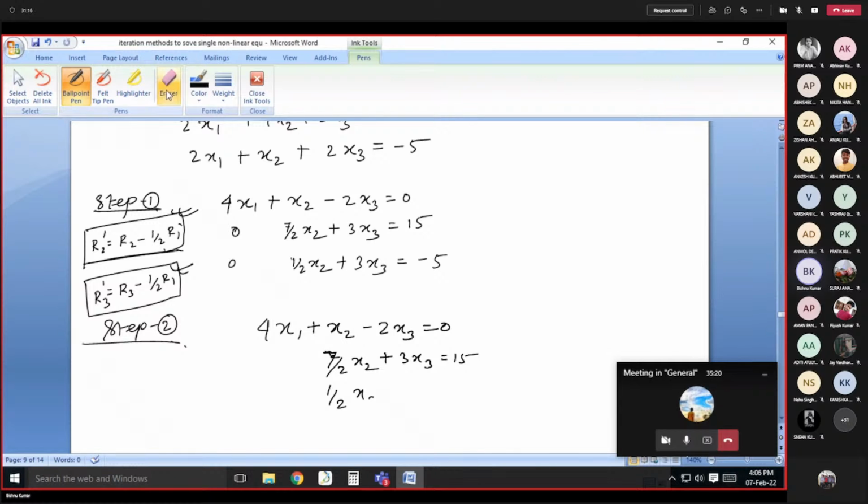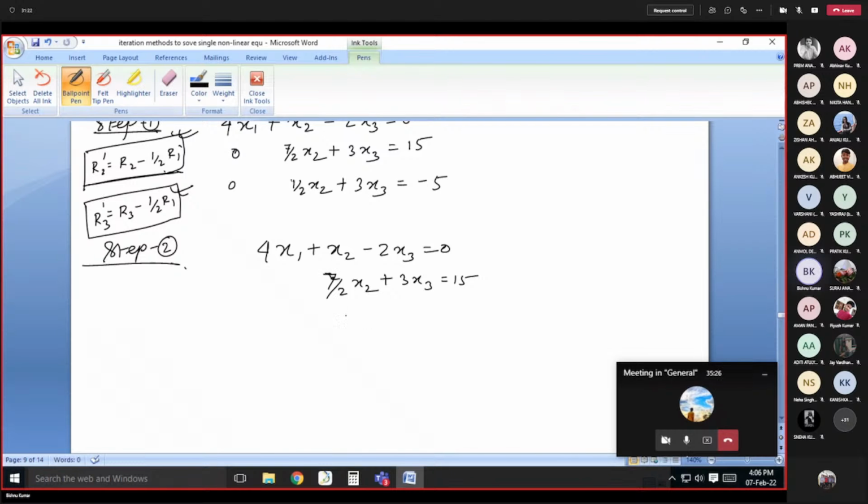Sorry, actually that I have to update, and I will make this position 0. How will it become 0? That operation you just tell me. With the help of R3, in old R3, what will I do along with R2?